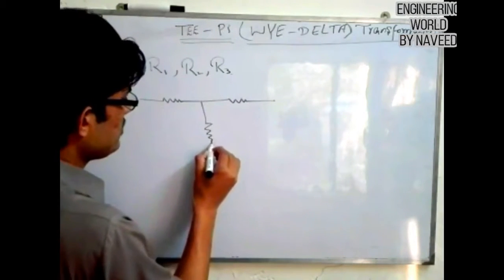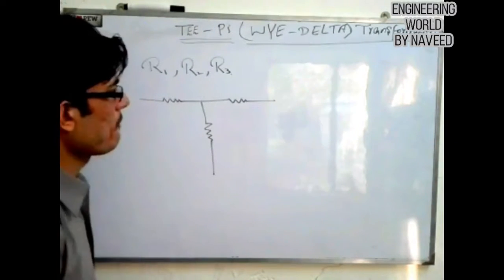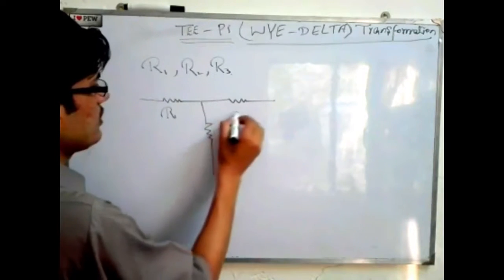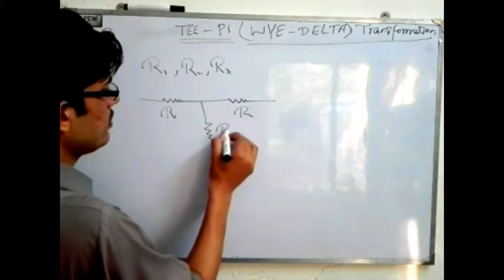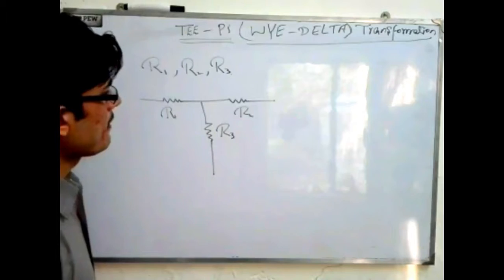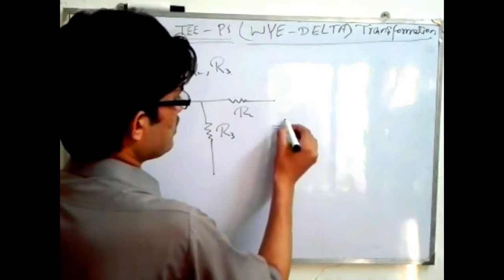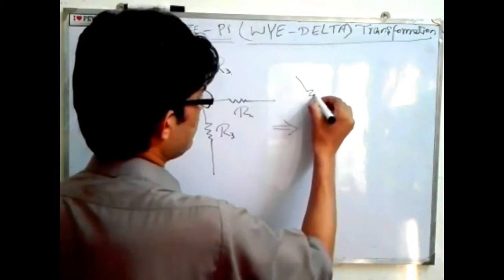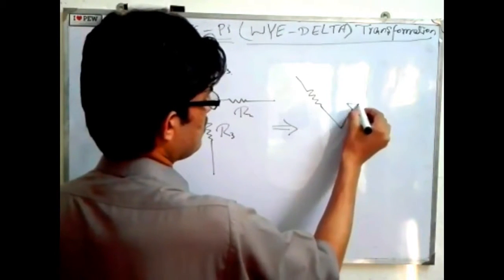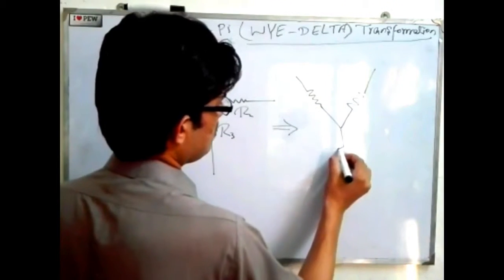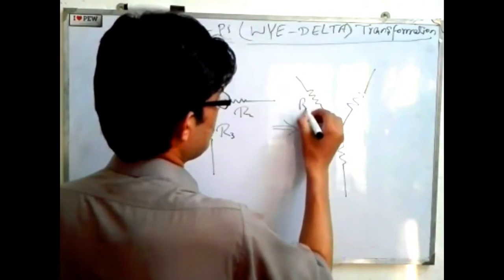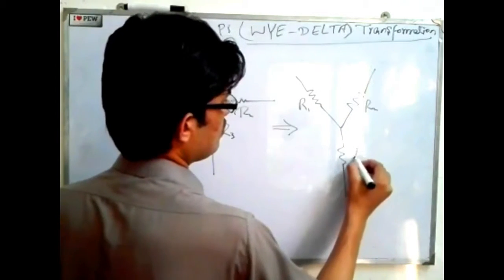These three resistors are connected like this: this is your R1, this is your R2, this is your R3. And this circuit is also equivalent to this if we draw R1, R2, R3.